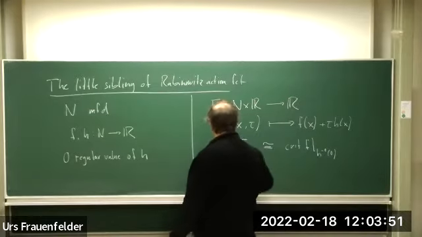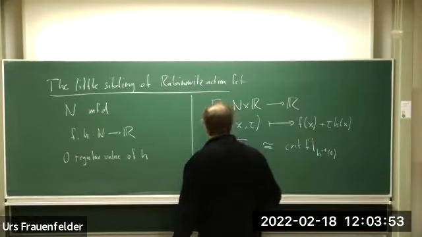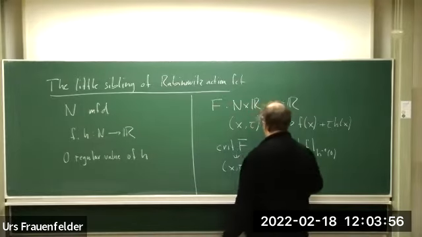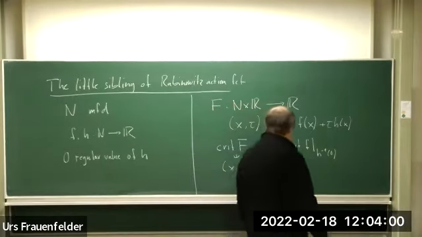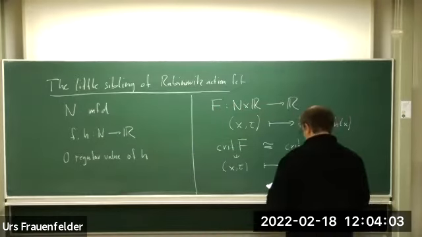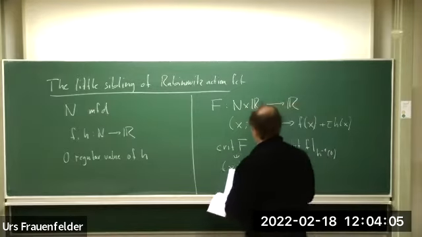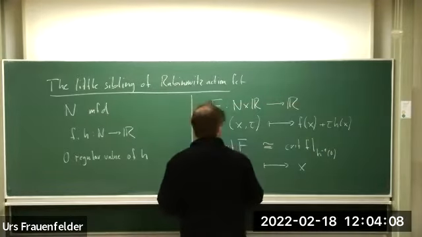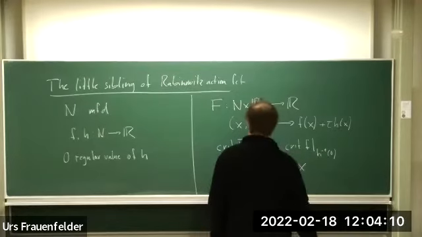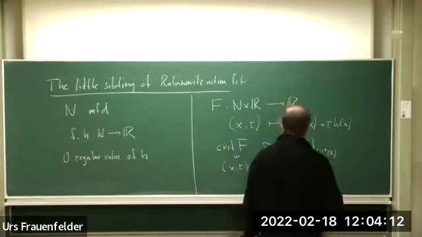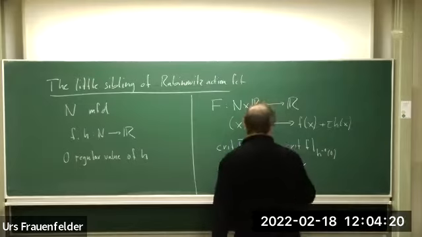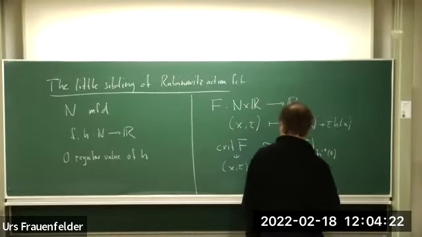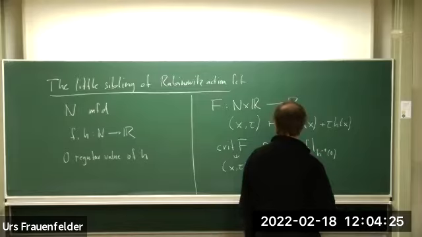Namely, if you have (x, tau), then we just forget about the Lagrange multiplier tau. If one looks at the Morse indices, they don't quite agree, but they are related by a global shift by 1.